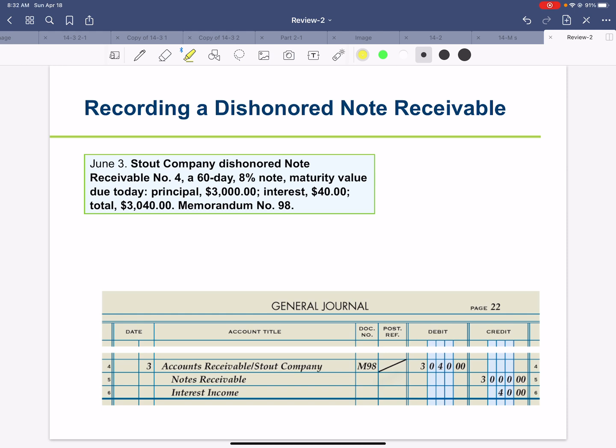The balance of the notes receivable account should only show the total amount of notes that probably will be collected. The amount of the dishonored notes receivable should be removed from the notes receivable. The amount plus the interest is still owed by the customer. Therefore, the total amount owed should be debited to the accounts receivable in the general ledger.